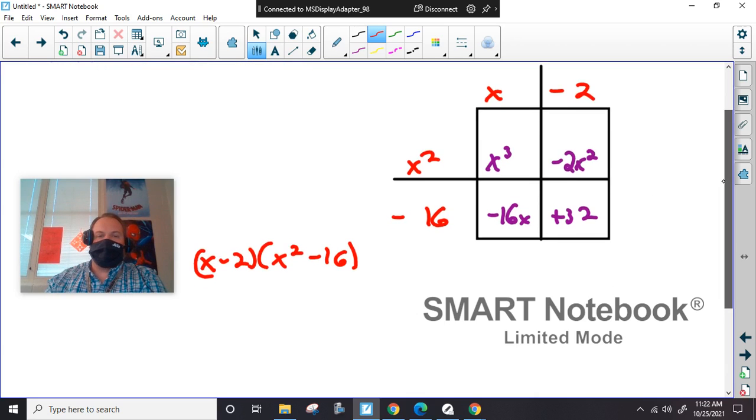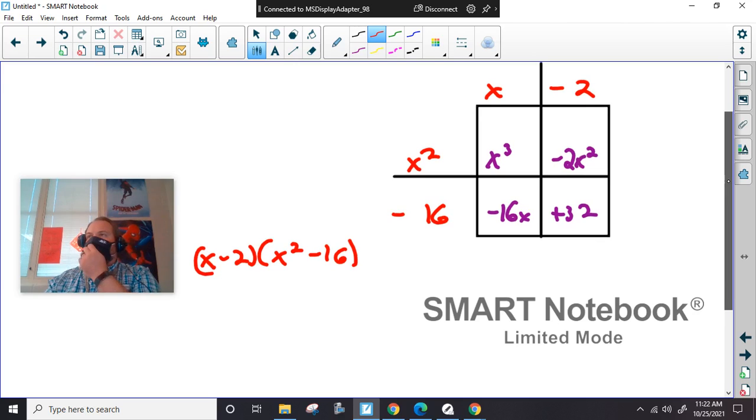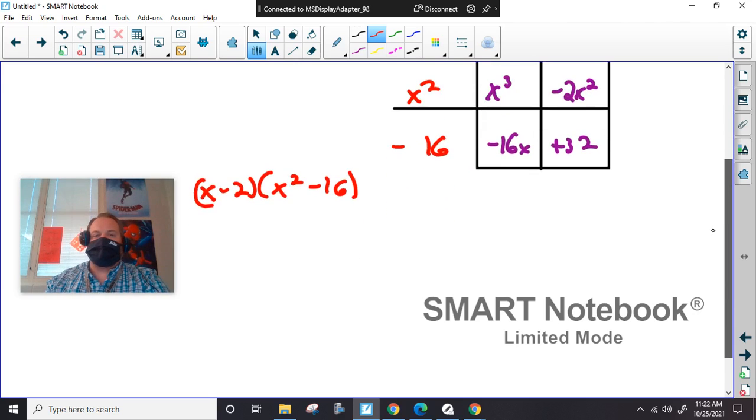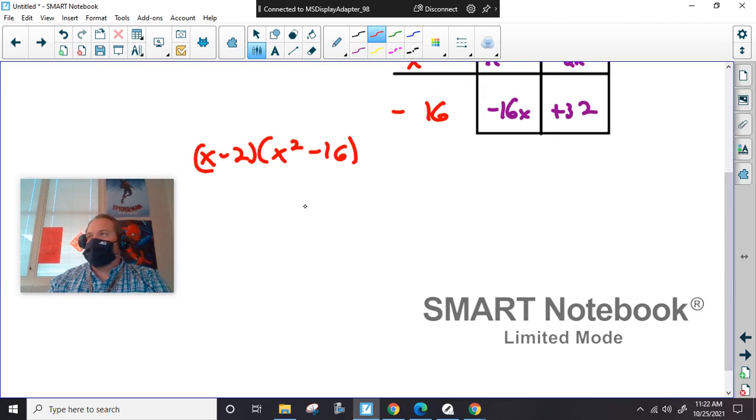Now, a couple of ways that you could actually take this and solve it. You could continue to factor, or if you wanted to, you could cut it right here and have x minus 2 equals 0 and x squared minus 16 equals 0.